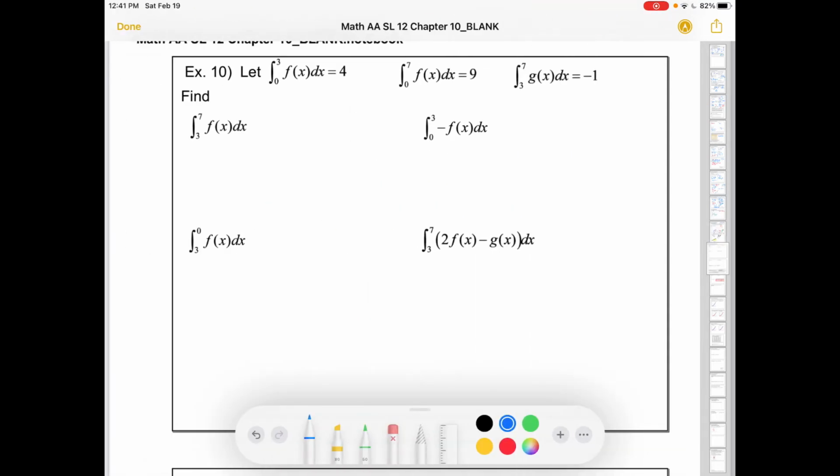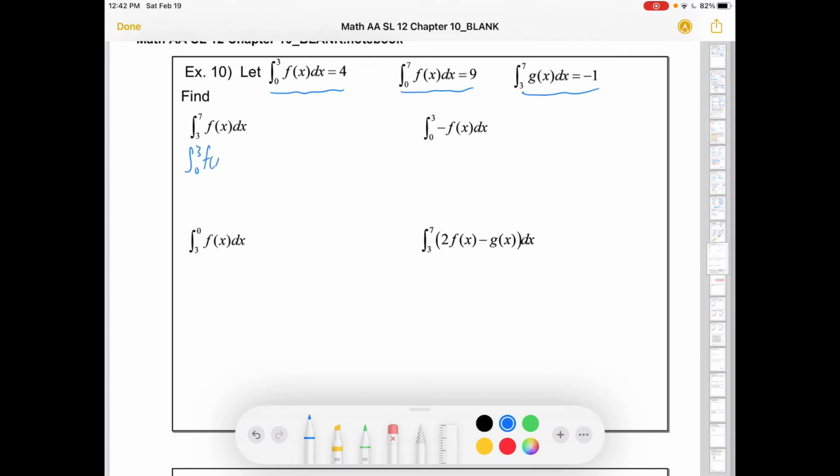So let's play a little logic game here. We know some things about f of x, and we know some things about g of x. We know one little thing about g of x. So we want the integral from 3 to 7 of f of x. Here's the property you might use.